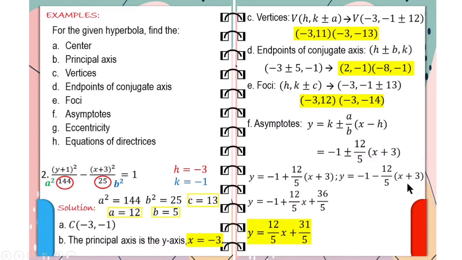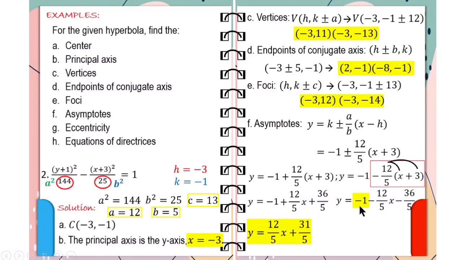Same process, distribute −12 over 5 to x plus 3. So we have y equals −1. −12 over 5 times x is −12 over 5 x. And −12 over 5 times 3 is −36 over 5. −12 times 3 is −36, then copy the denominator, which is 5.